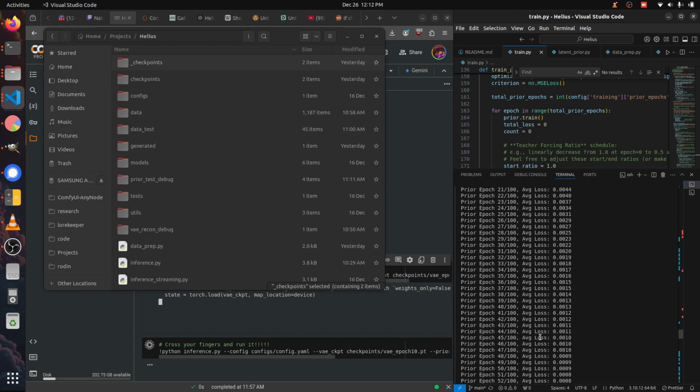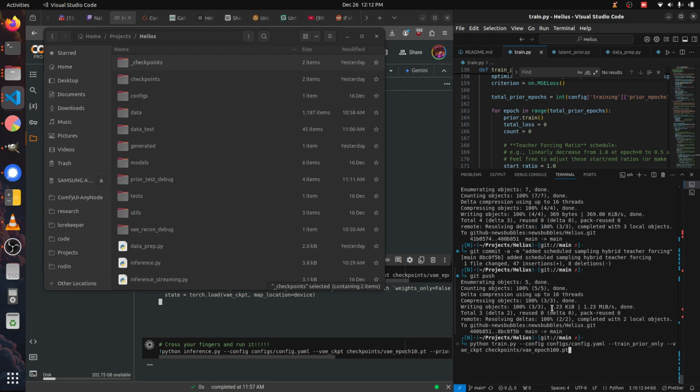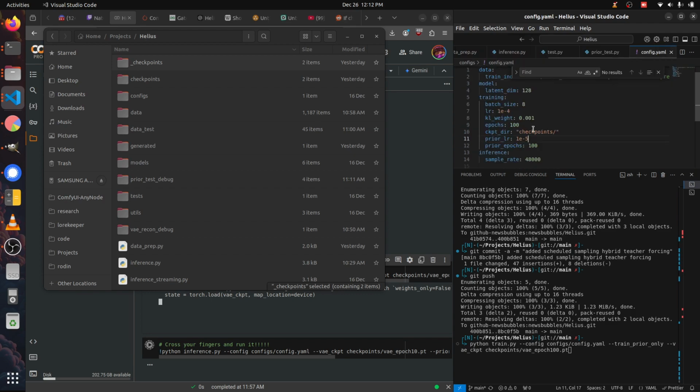Let's do 40 epochs and get it to a 0.1% loss rate. We're probably gonna have to change this config. So just give it prior epochs, let's just do 40. All right, let's hope this doesn't freeze my stream. Go.